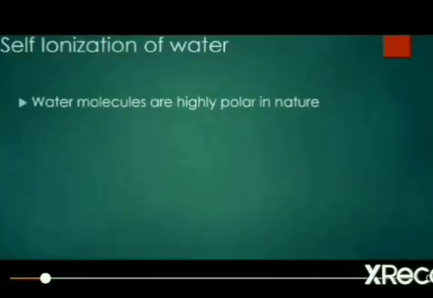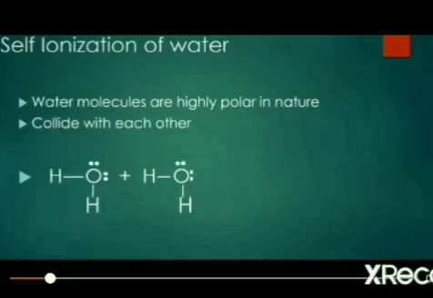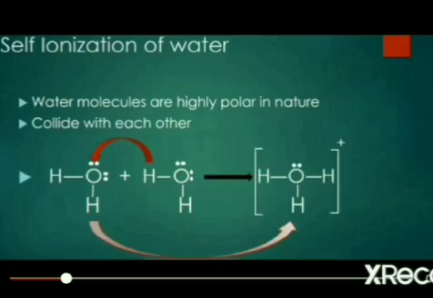Self-ionization of water. Water molecules are highly polar in nature. They collide with each other with high energy. In the equation, two water molecules are present. One water molecule gives its proton to the other water molecule, forming a hydronium ion with a positive charge.